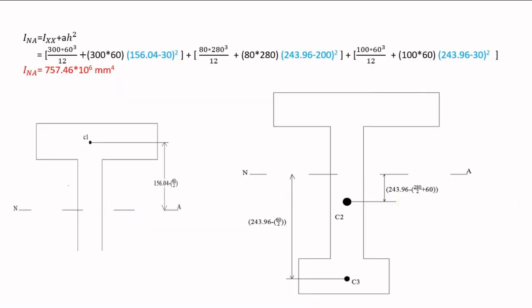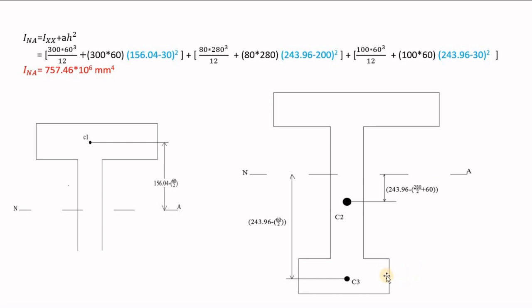Whatever 243.96 you can see here, that value is from this point up to here. That minus 280 by 2, where 280 is the depth of the web, plus 60.